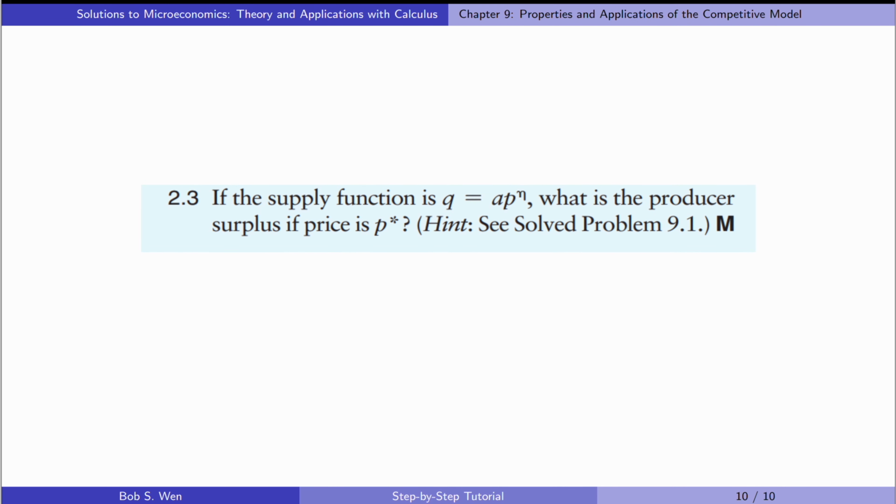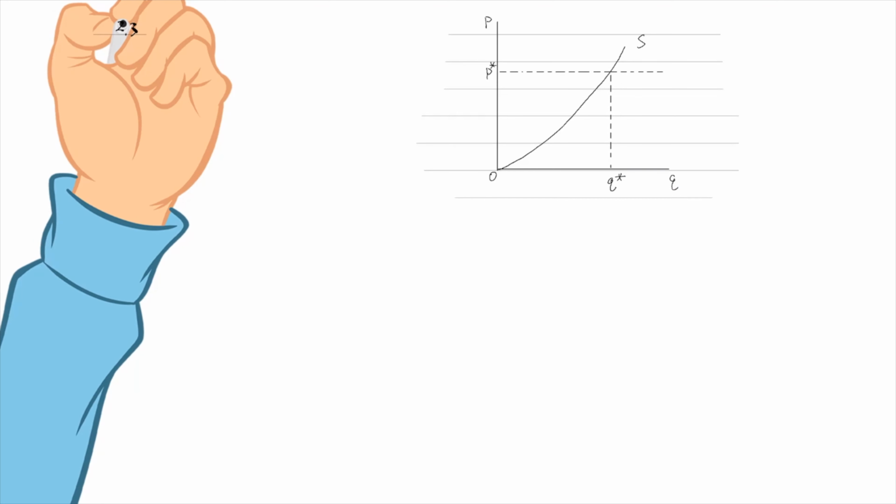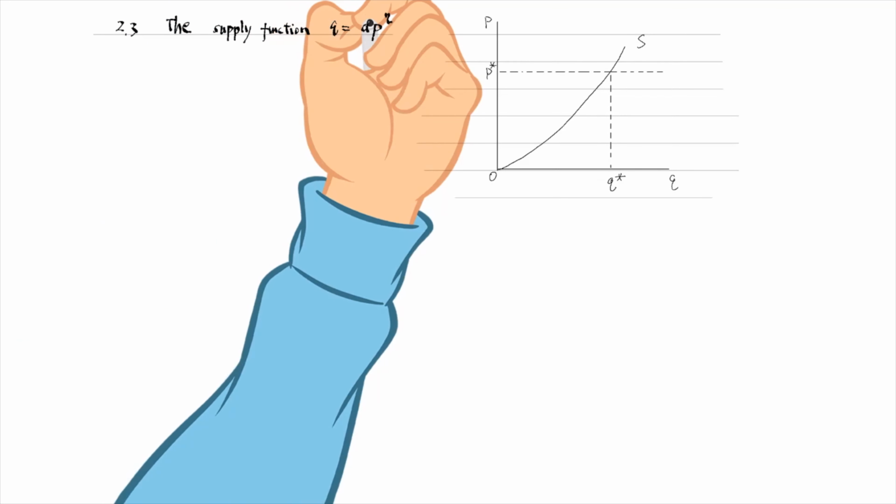Let's answer exercise 2.3. If the supply function is as follows, what is the producer surplus if price is P star? From the supply function, we have the inverse supply function.